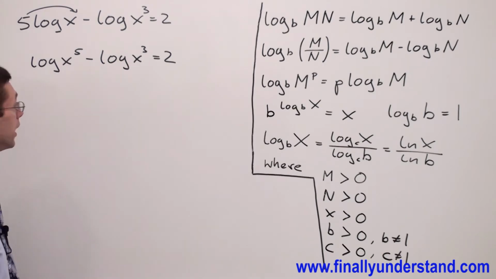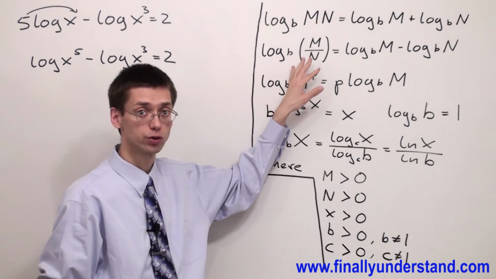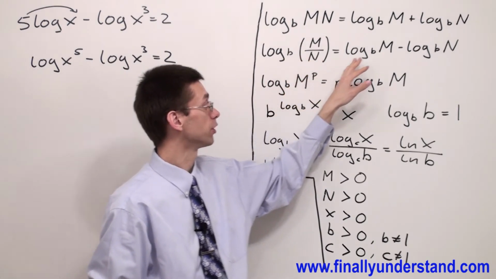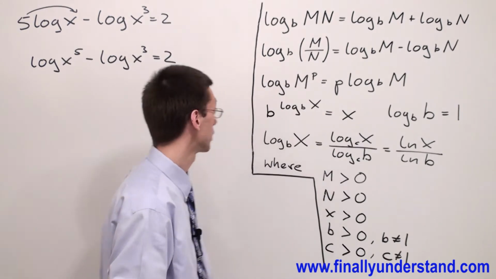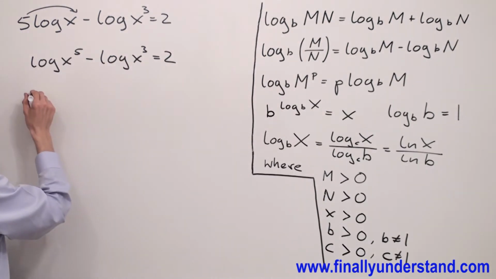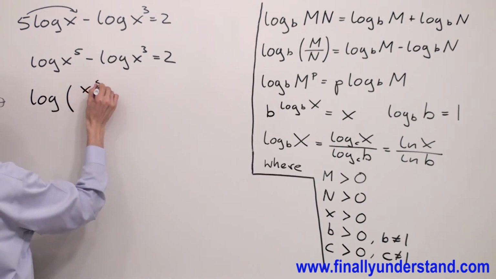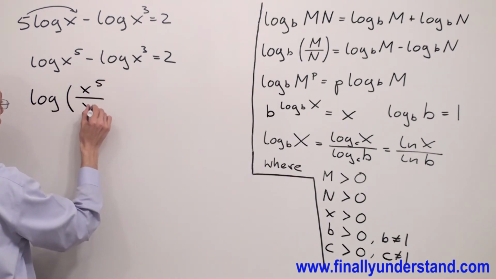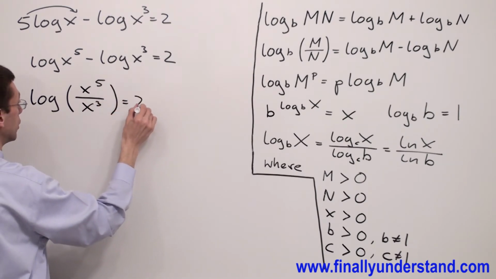So I can apply the property for the logarithm of a quotient, which says the difference of two logarithms is equal to the log of the quotient. So I can rewrite this as log of x to the 5th over x to the 3rd is equal to.